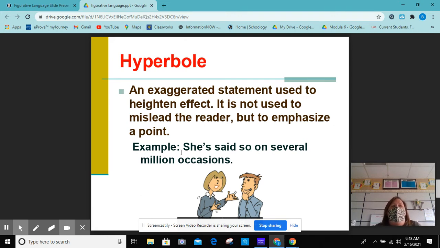You elaborate on it and you blow it out of proportion. Not necessarily lied, you just blow it out of proportion. She said so on several million occasions. Do you think somebody is really going to say something a million times? No. But what does it mean by she said so on several million occasions? She said it too many times. So we exaggerated that statement.